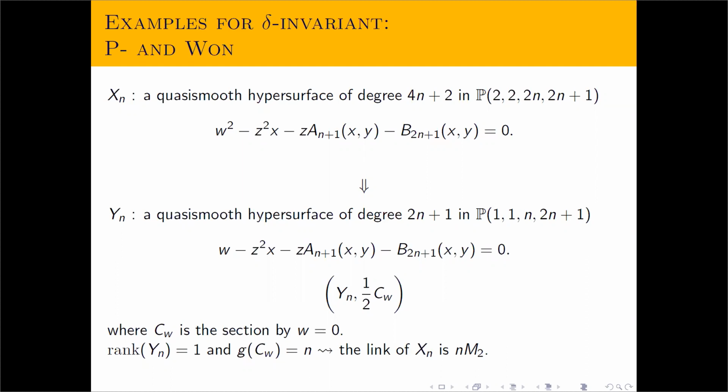You reduce the weight by 2 and get the same variety, not as an orbifold but as a variety, and then you have the branch divisor here. This has rank 1, and the genus is n. So the link of X_n must be n times M2.